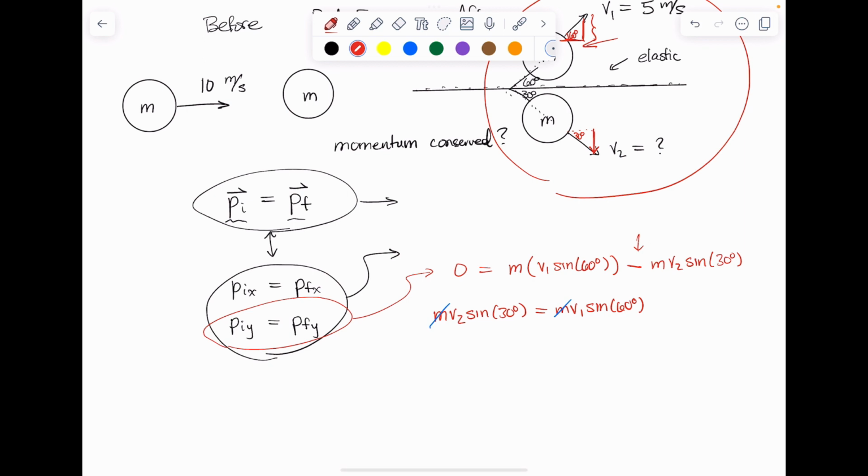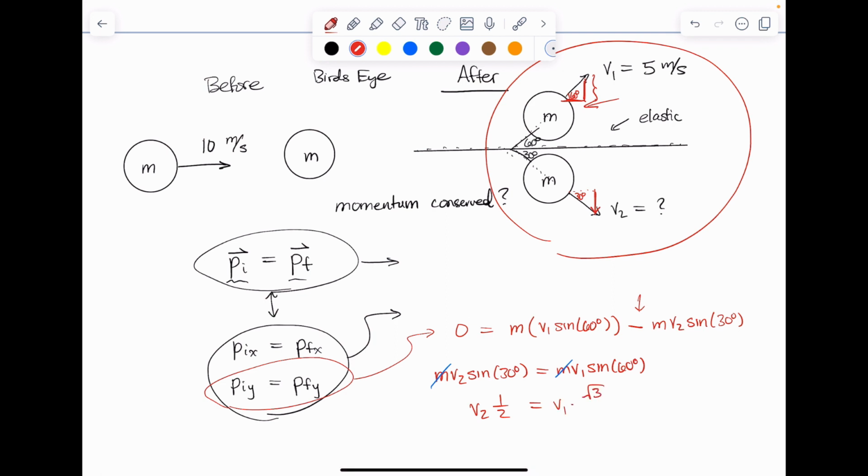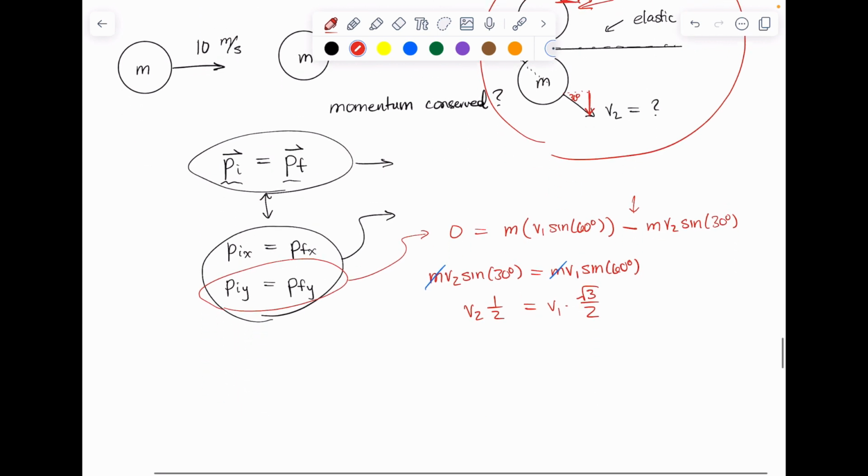And also, we should know what these values are. Sine of 30 is going to be 1/2, v2 times 1/2. And sine of 60 is radical 3 over 2. So v1 times radical 3 over 2. But we also know v1, right? So I should have probably put that in from the beginning, right? So we can plug in that 5 there.